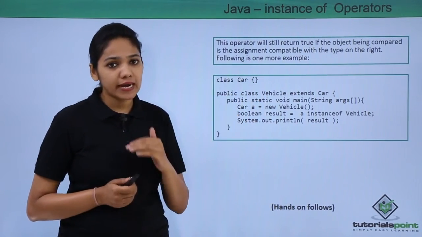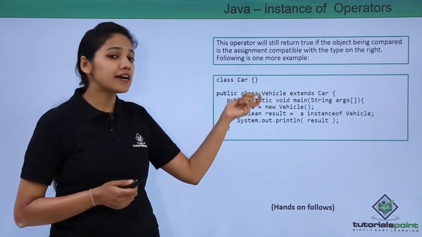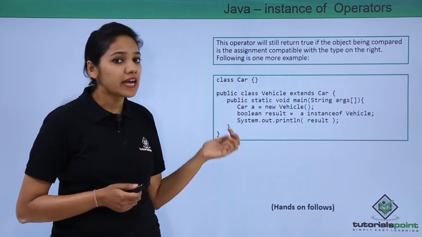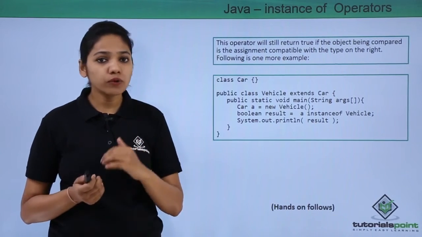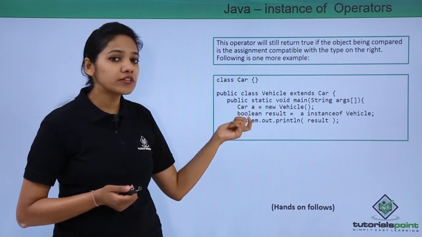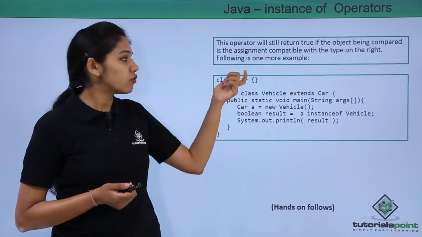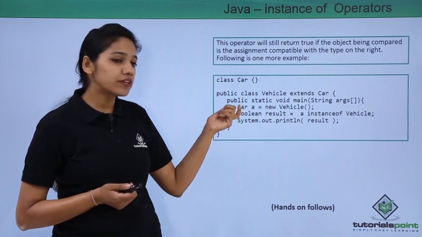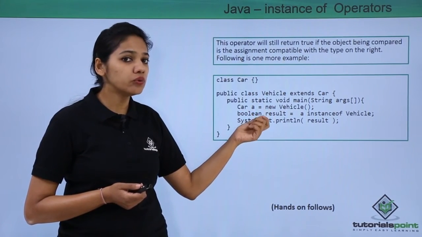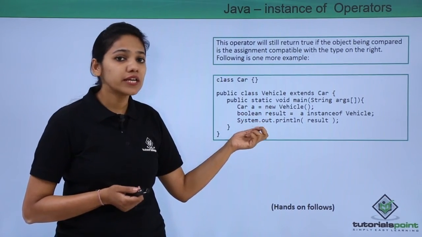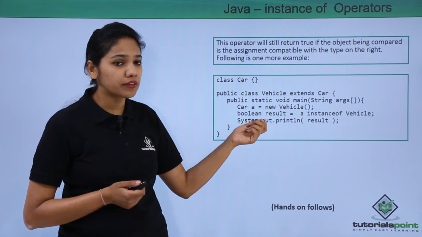Now we are trying to understand if the class car is a type of vehicle or not. So in that case, we need to first create an object for the car class, right? So we write car, then the object name equal to new keyword. This new keyword is nothing but the new operator.